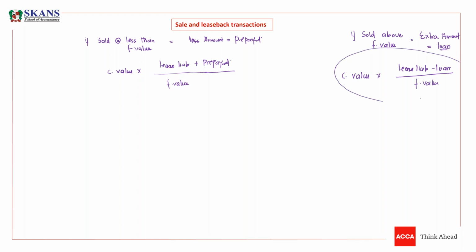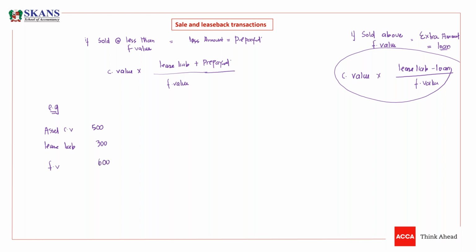So let me give you a quick example. Listen carefully. The asset's carrying value is 500. Lease liability is 300. Fair value is 600, guys.